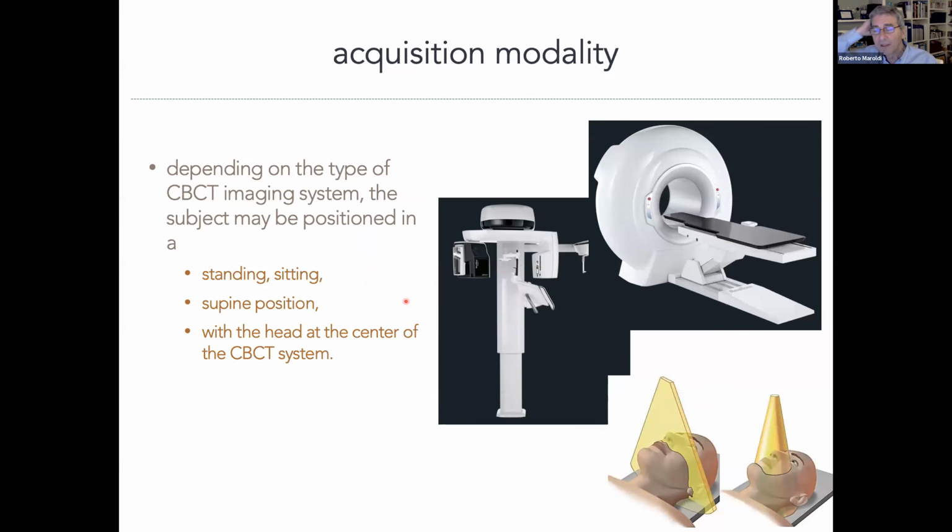I already mentioned the possibility of reducing the dose, the exposure dose in the X-ray beam for the assessment of the skull base and the paranasal sinuses using cone beam. There are several types, sitting or standing, and then supine. Of course, sitting or standing, you can have more movement of the patient.